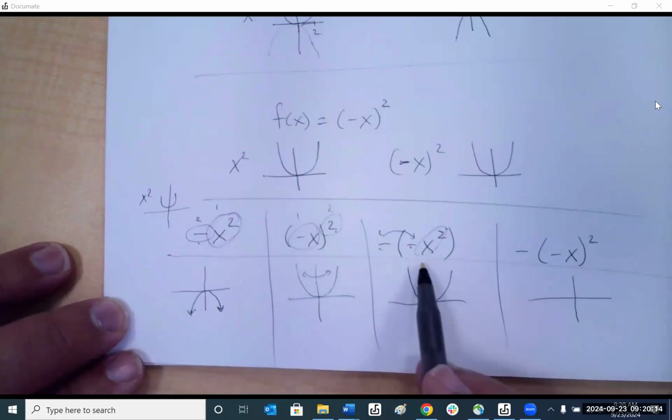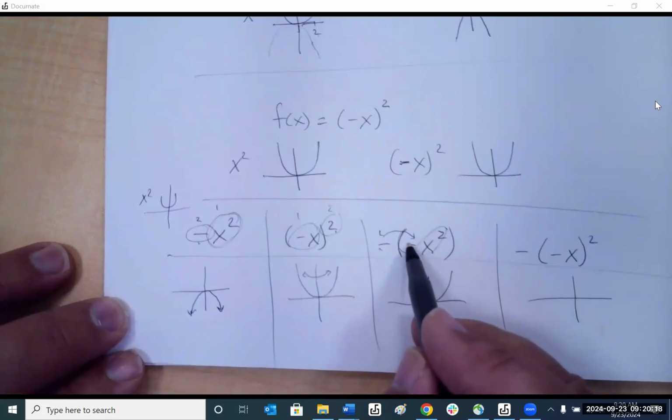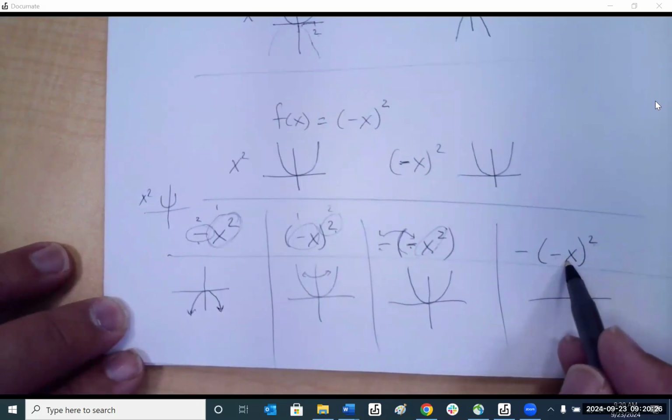There's a difference between this one and this one. This one just has the leading coefficient of x squared, so these two can cancel. But this one's inside the parenthesis. So what happens to this one?